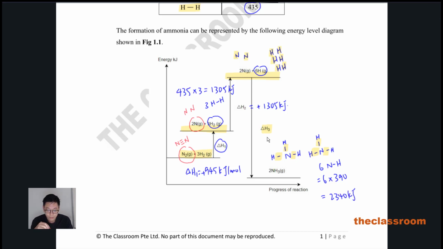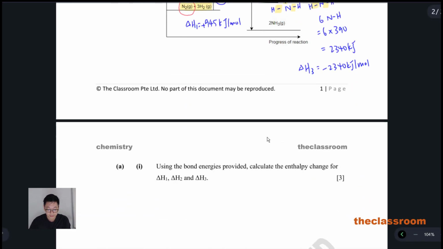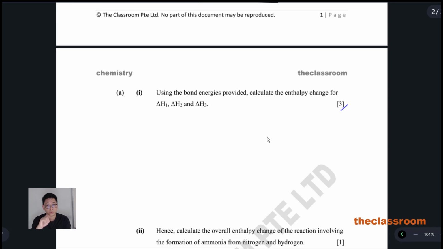This is your enthalpy change 3. This is an exothermic process. It is negative 2340 kilojoules per mole. That is basically it. So this is enthalpy change 1 and 2 and 3.